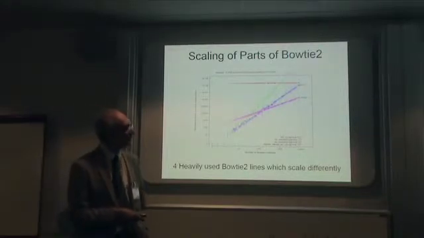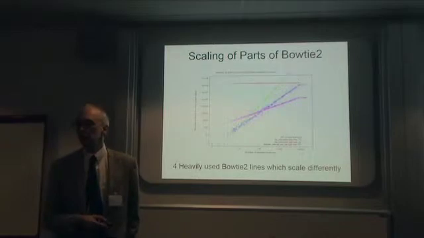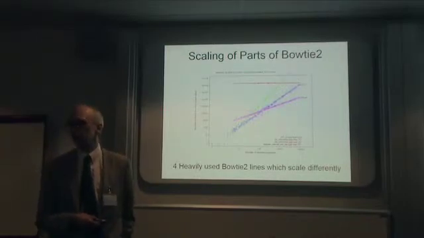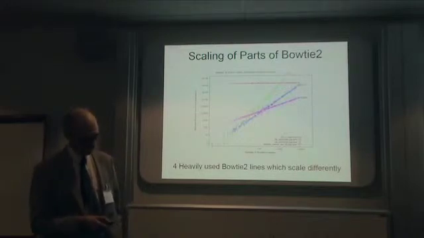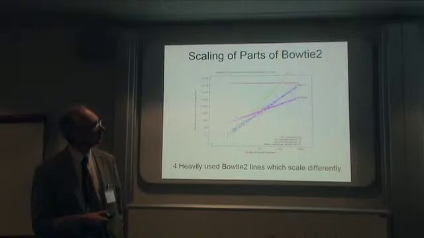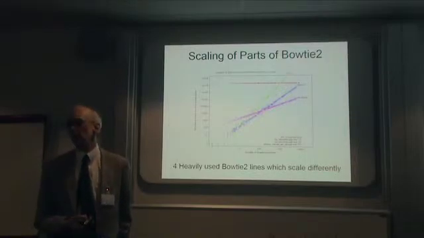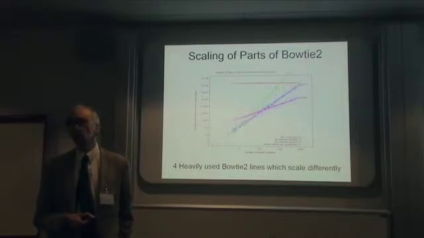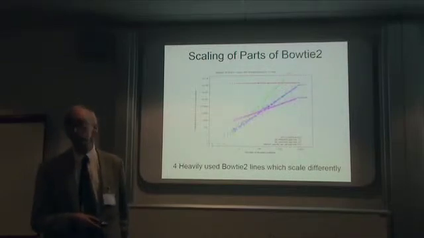Again, from that data, we can see that there are a variety of ways in which the usage of code varies. The easiest one is the line in red at the top, which is an example line I've chosen for illustrative purposes, which essentially says this line of code is used almost 200 million times every time Bowtie 2 is run, regardless of the input or the output.